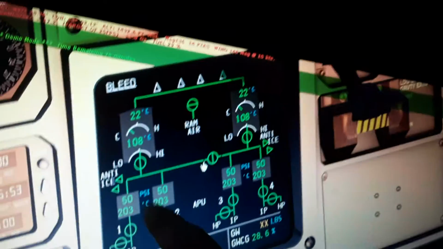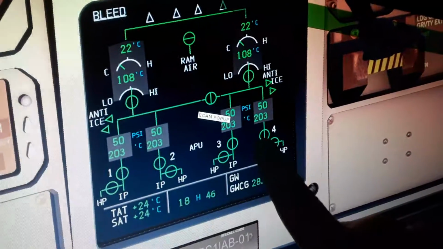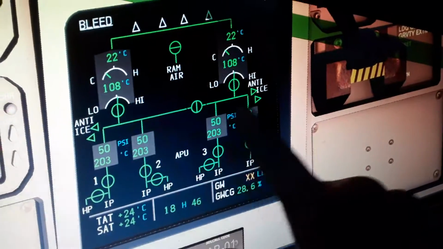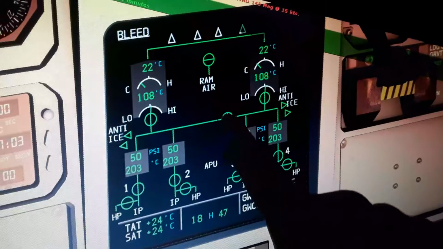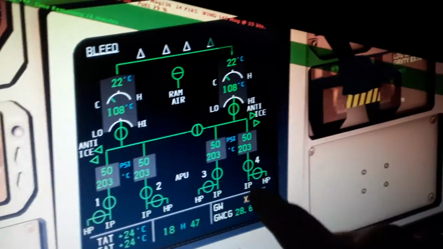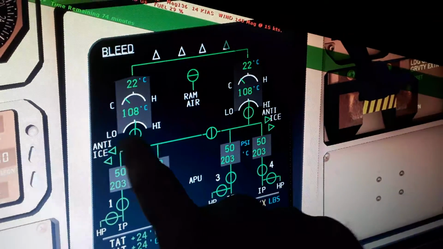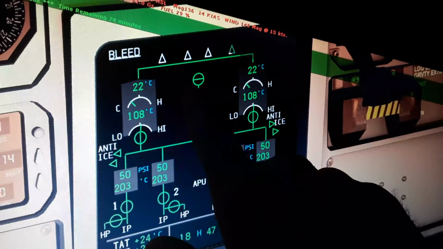And here is the air bleed that I was telling you about from each engine. As you can see, engine 1, engine 2, 3, and engine 4, they are all working right now because all engines are working, and the isolation valve is closed right now. Here is the APU and RAM.